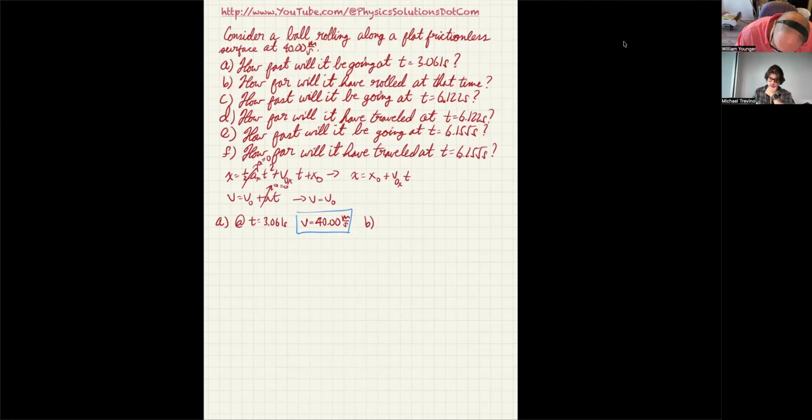Well, that means x is equal to 0 plus 40.00 meters per second times 3.061 seconds gives me 40 times 3.061 equals 122.4 meters, and that's the answer to part B.